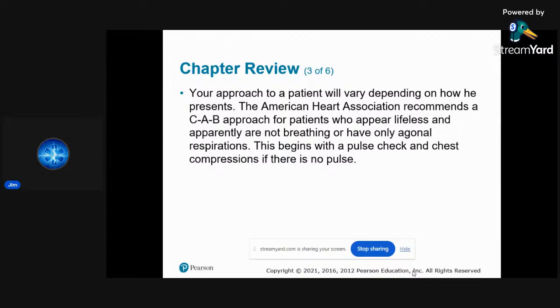Your approach will depend on how the patient presents. The AHA recommends the CAB approach for patients appearing lifeless or not breathing, or who have agonal respirations. So we're going to start with chest compressions, or CAB, the circulation part. We're going to feel for a pulse, and if there's none, we'll start compressions.